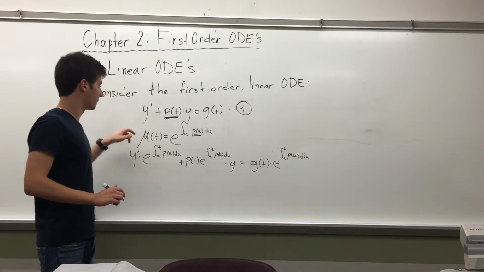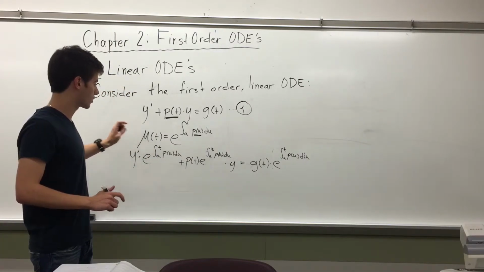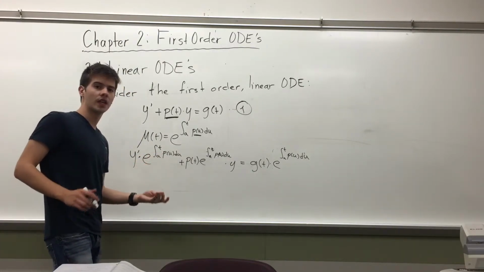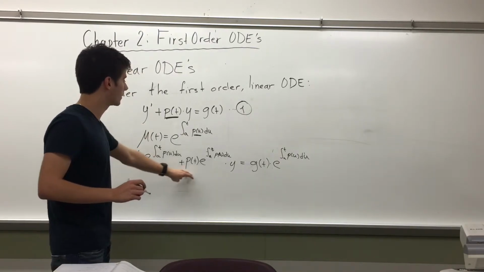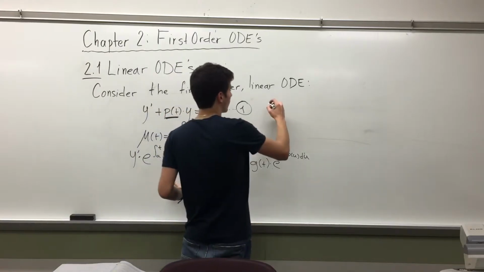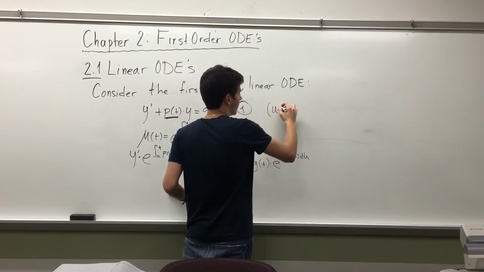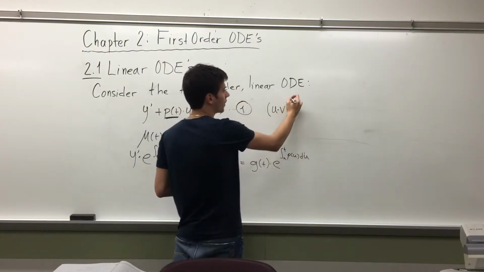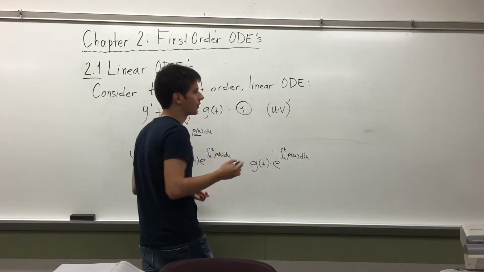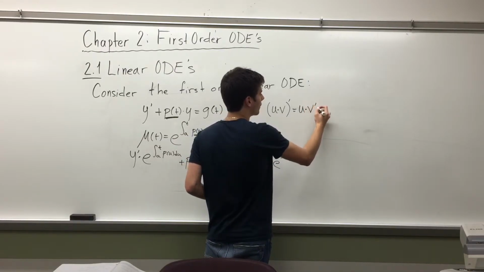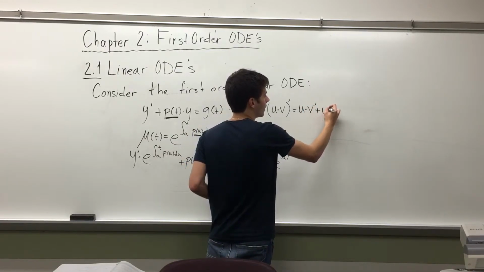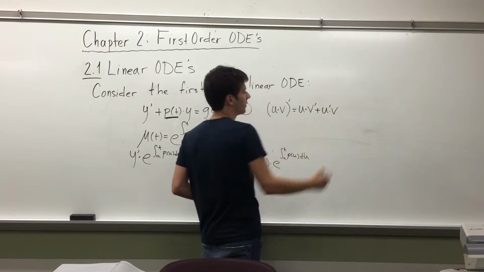Okay, so we multiply everything out, and then he saw that when you write it this way, we can remember the product rule: whenever you take the derivative of two functions, you keep the first function and multiply by the derivative of the second, and then you add the derivative of the first multiplied by the second.